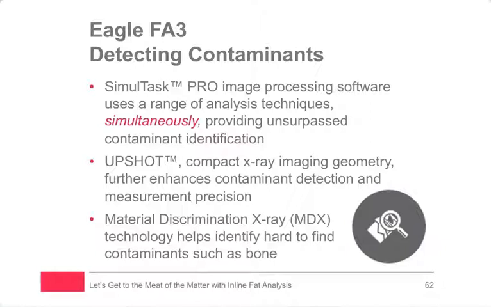This means that the tube is actually at the bottom and the detector at the top. This brings the detector closer to the tube and enhances contaminant detection over the traditional layout. Additionally, by utilizing an additional type of algorithm, which we call material discrimination X-ray, it helps us to identify typically difficult to find contaminants such as bone.